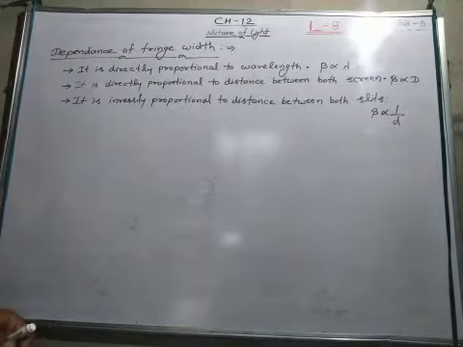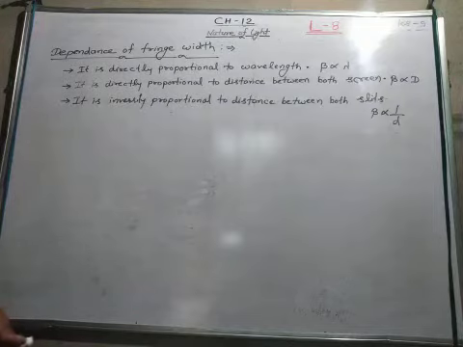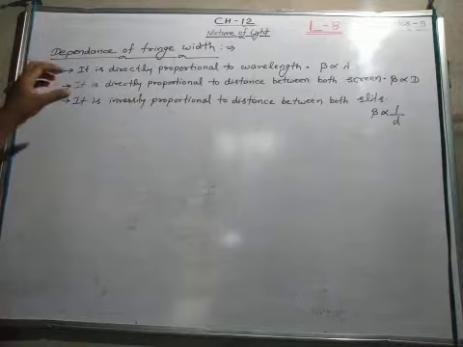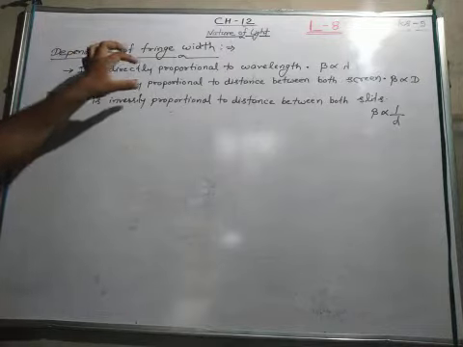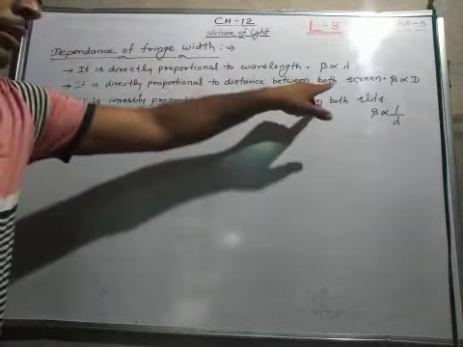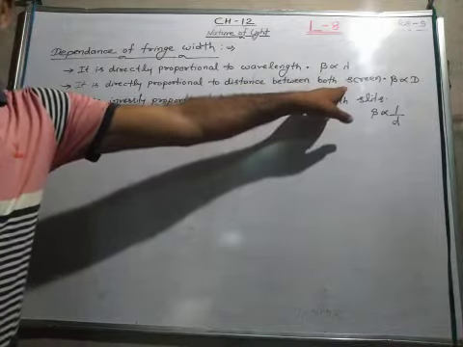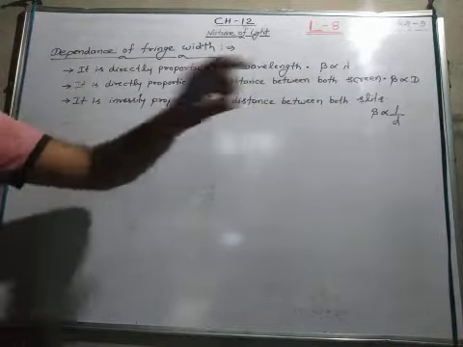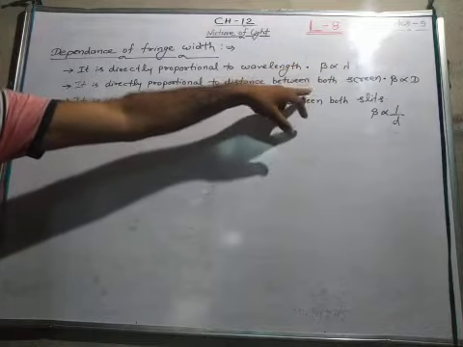Okay, so if you want to increase the width of the fringe, then you can increase the wavelength and the distance between the screen, because it is directly proportional to them.